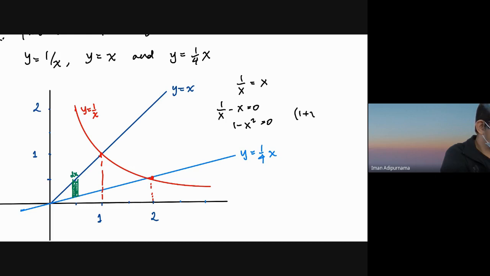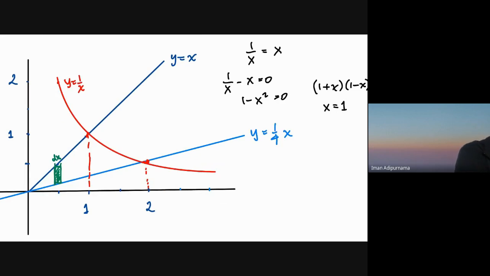It will be 1 plus x, 1 minus x, so we'll use the positive x. So this will be 1, 1.